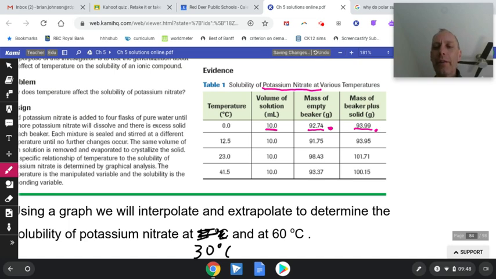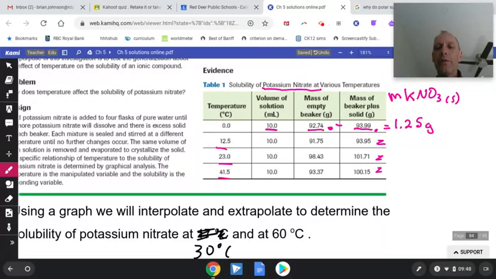If you subtract those, you get 1.25 grams. So that would be the mass of KNO3 solid that dissolved. So you need to calculate the other 3 masses at these 3 temperatures.